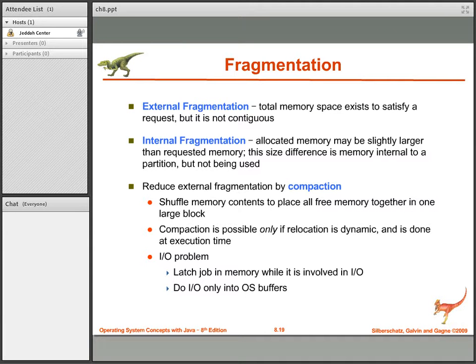So we combine the various scattered memory areas together to produce one large block. This process is called compaction.